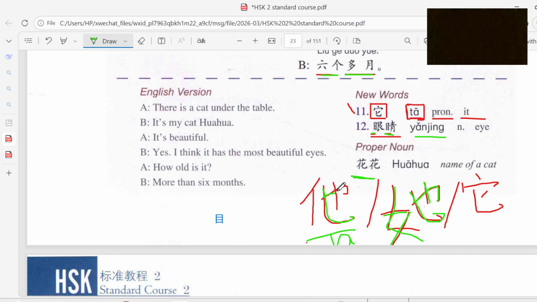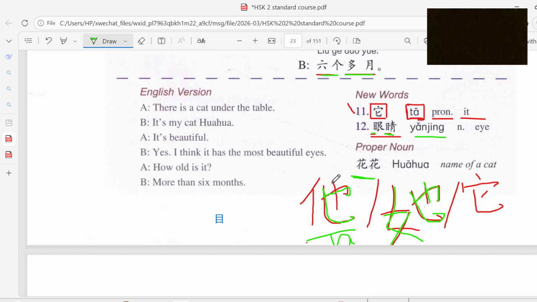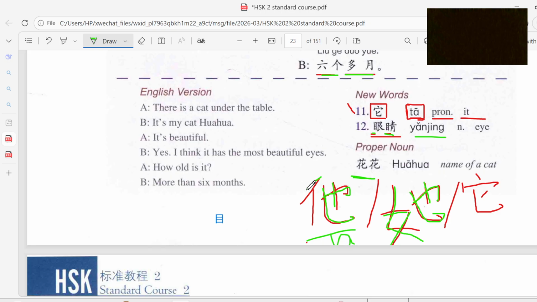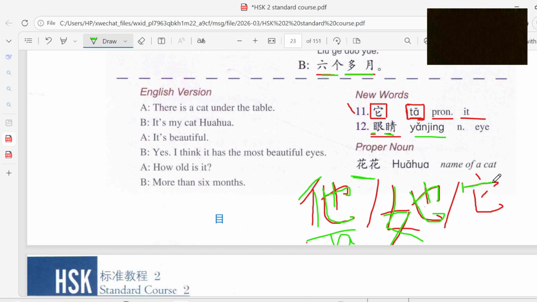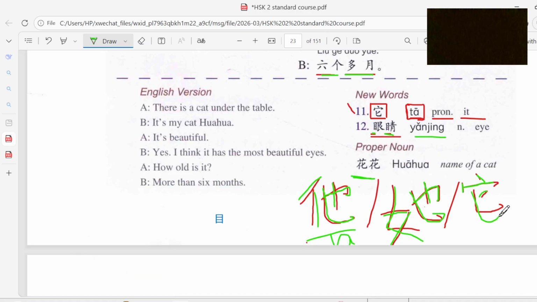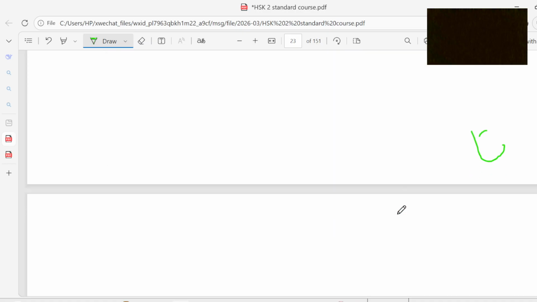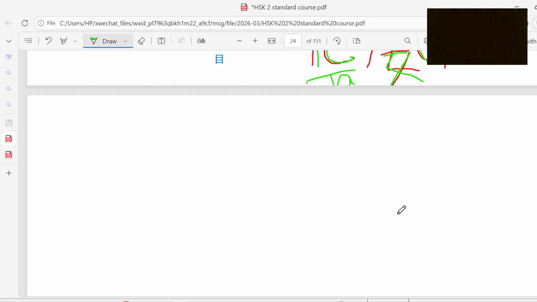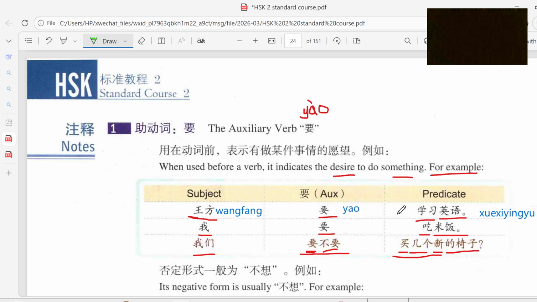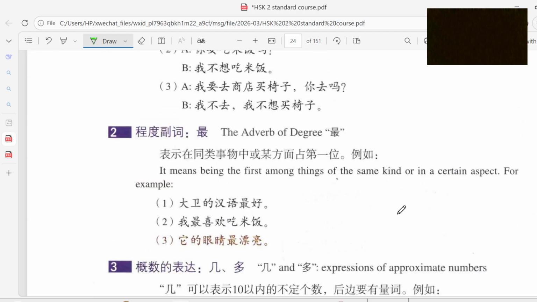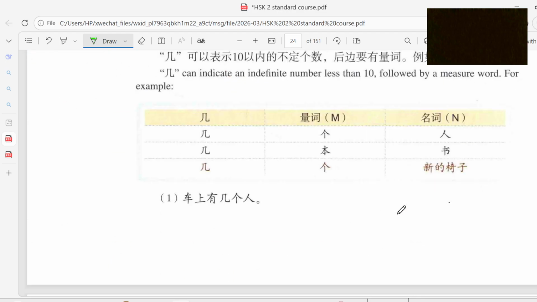There are 3 tas. They are written differently, the character. In pinyin, it's written the same way. This is the ta for it, for animals, non-living things.